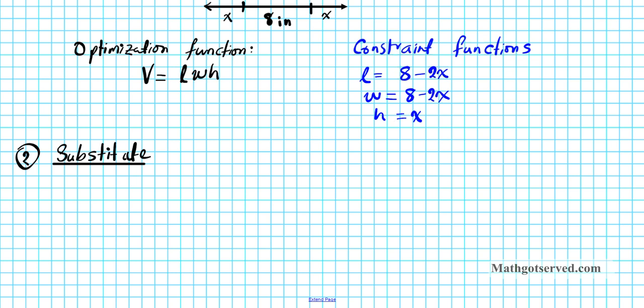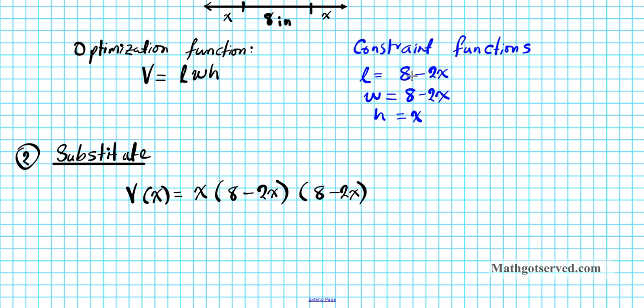Remember, for your substitution, you want to end up with a function in only one variable. So we're going to express this as V of x equals the length, which is x, times the width, which is 8 minus 2x, times the height, which is 8 minus 2x also.